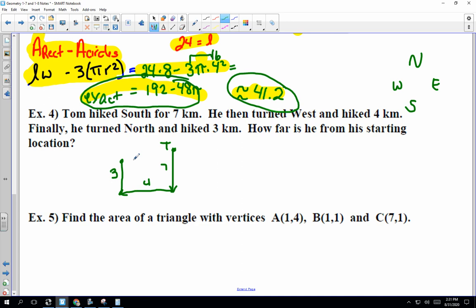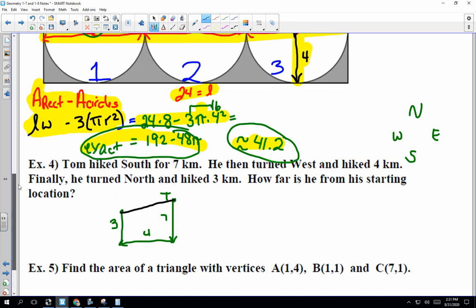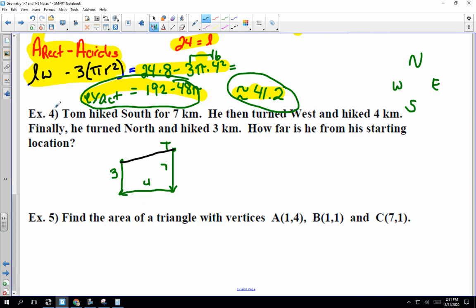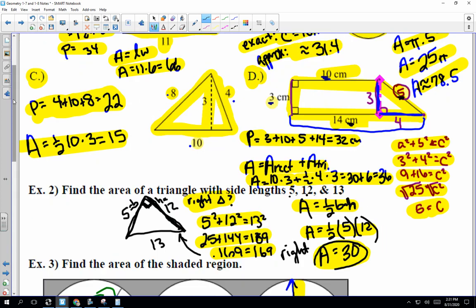T. So we need the distance from here to here. This is kind of like our crazy problem we did here.